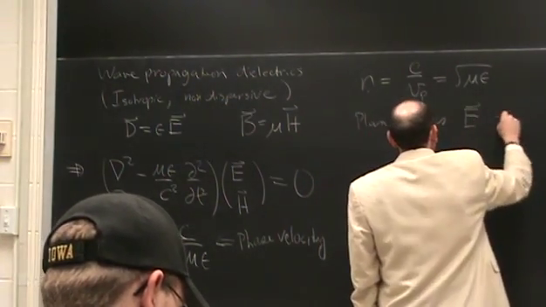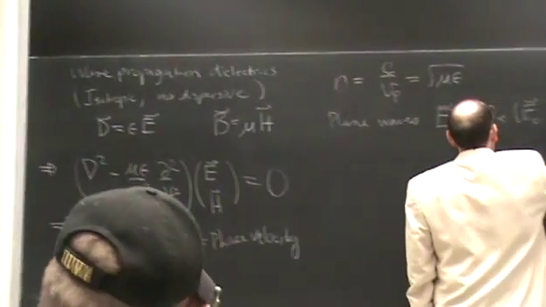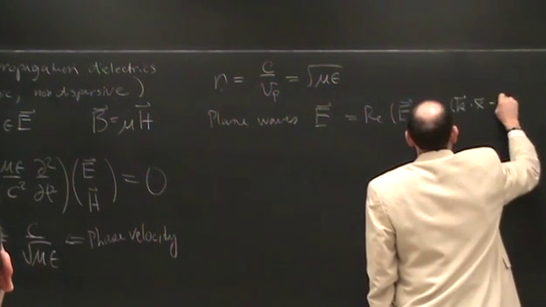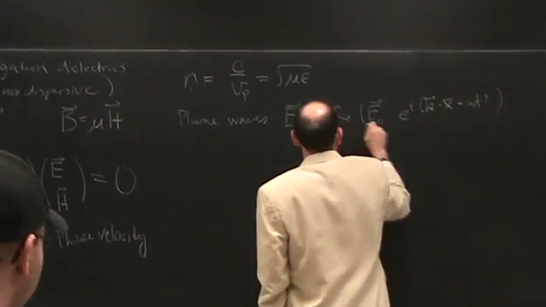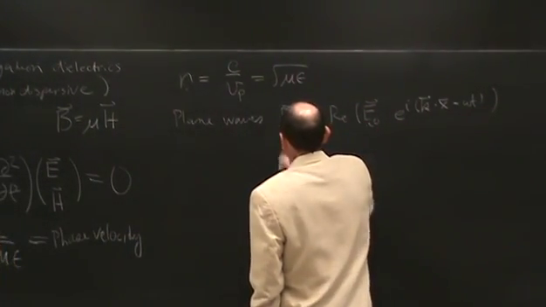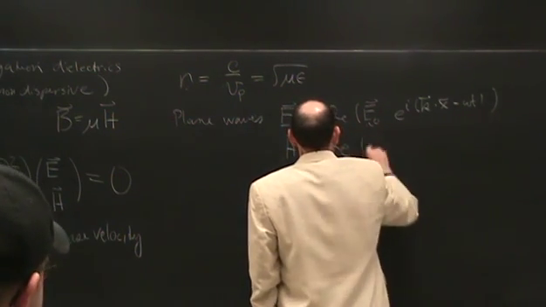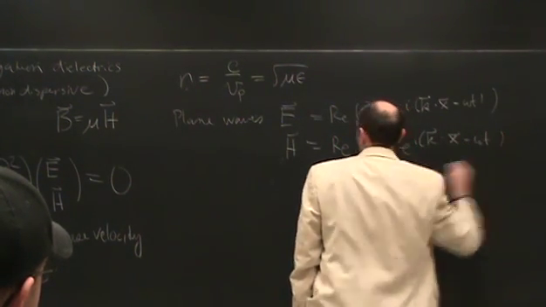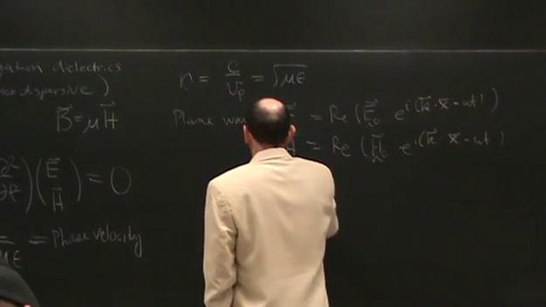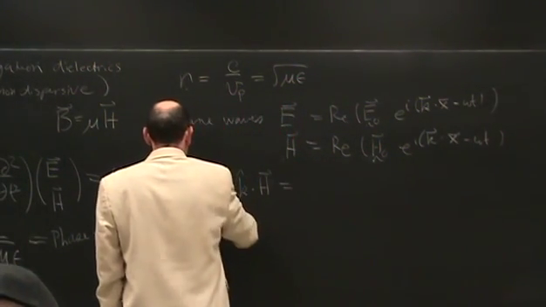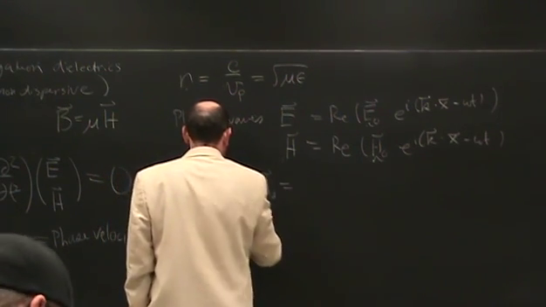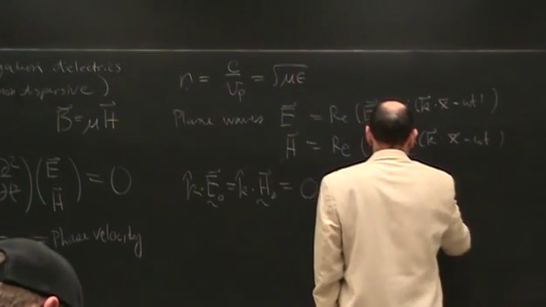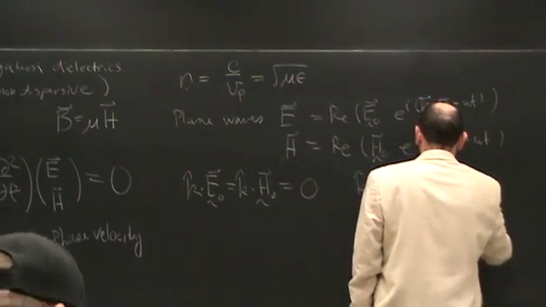So we have plane waves that we discussed, where we wrote E and H in terms of the usual kind of complex amplitude, where E and H were transverse and satisfy the usual relationships.